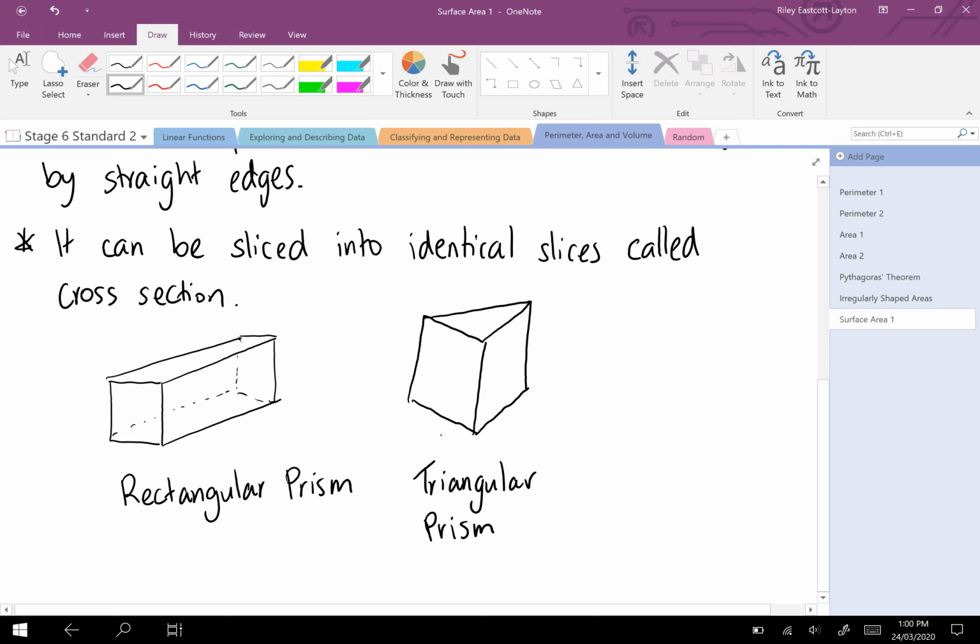You guys guessed it. Gets its name from the triangle at the top and the bottom. And just as another example, I'll draw you my famous pentagonal prism that I've been working on in my spare time.